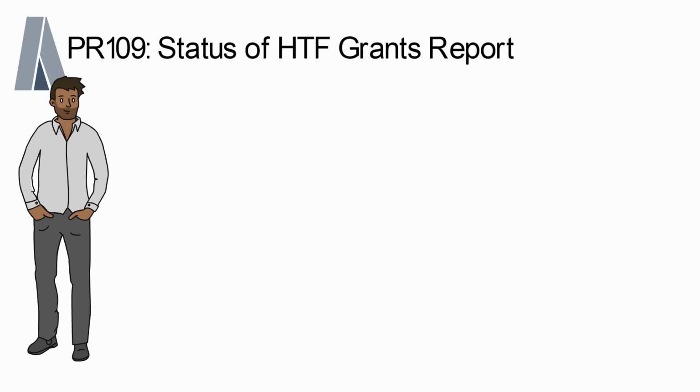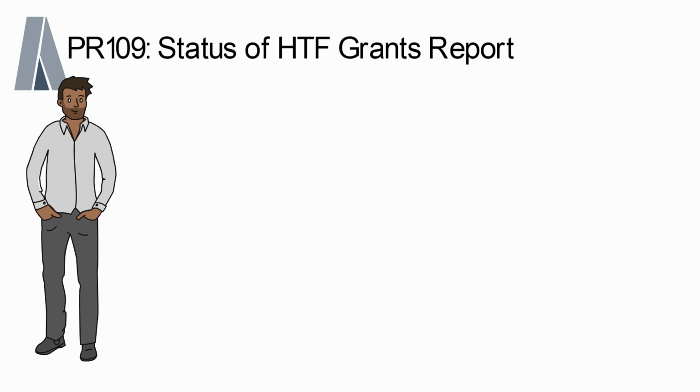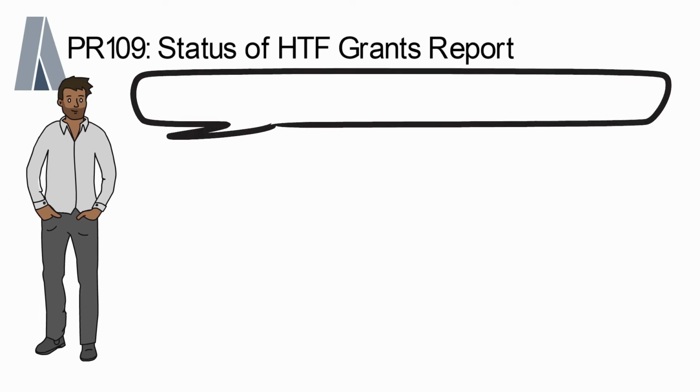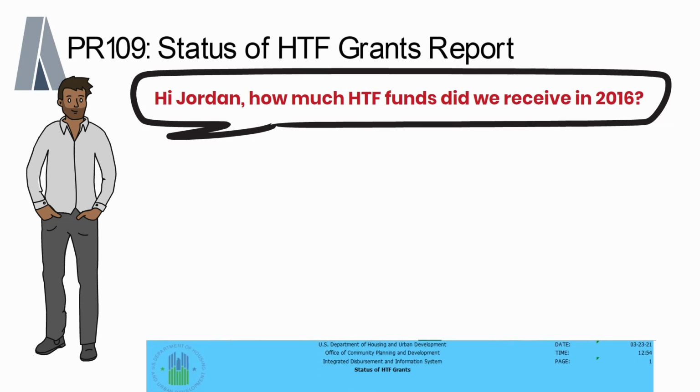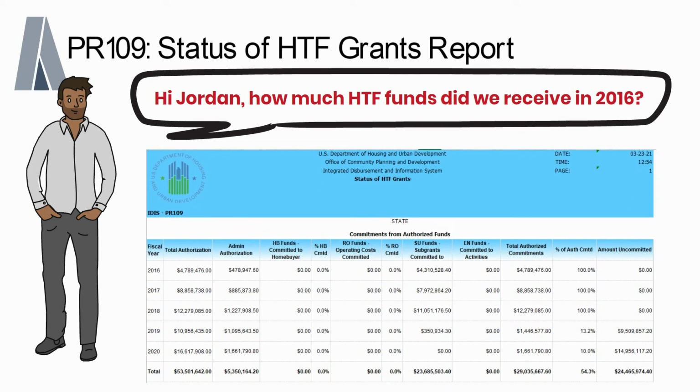Now let's go over different ways we can use the PR 109 report. Hi, Jordan. How much HTF funds did we receive in 2016? On the Commitments from Authorized Funds table, under the Total Authorization column, you will see approximately $4.8 million of HTF funds were awarded to the state in 2016.